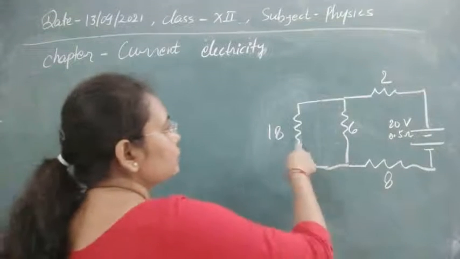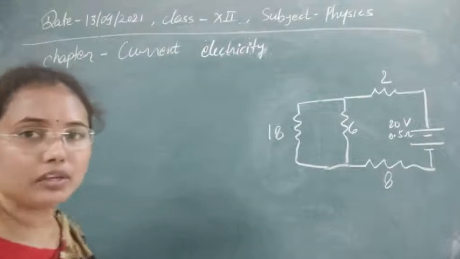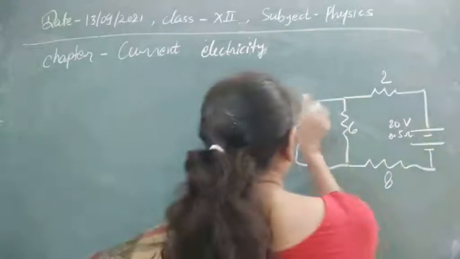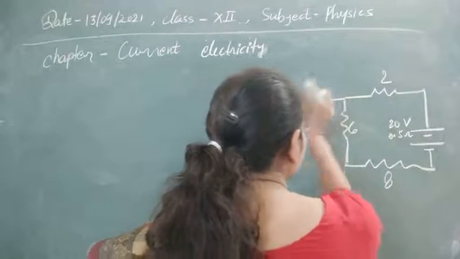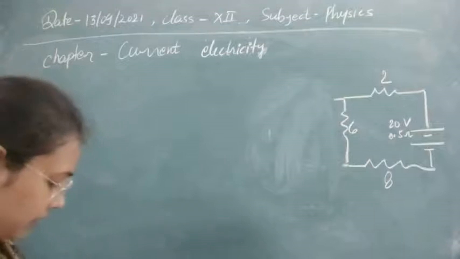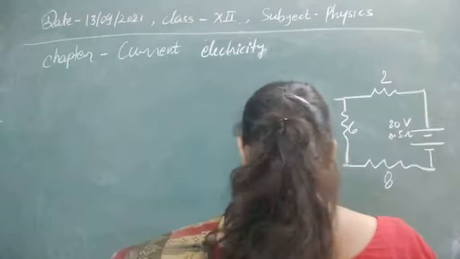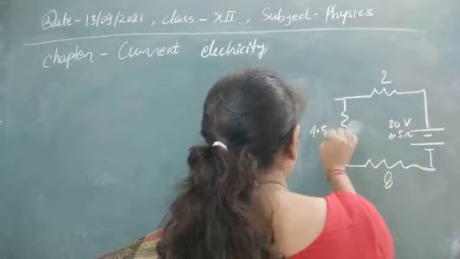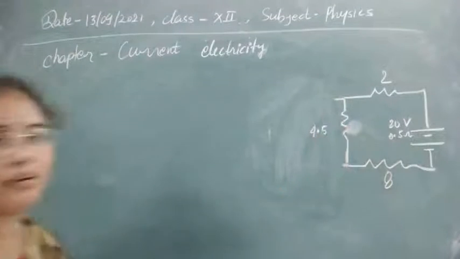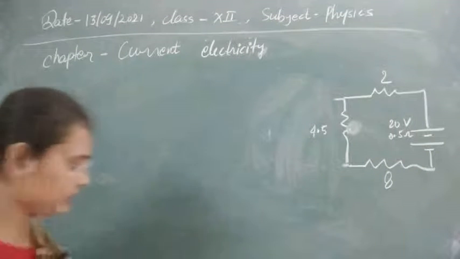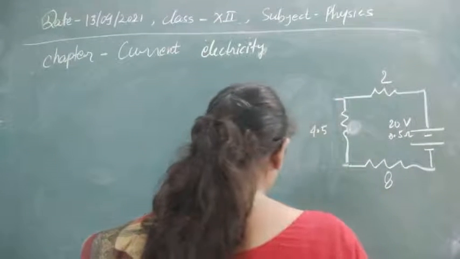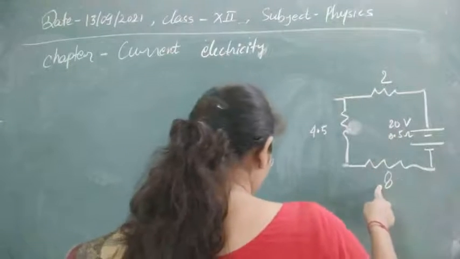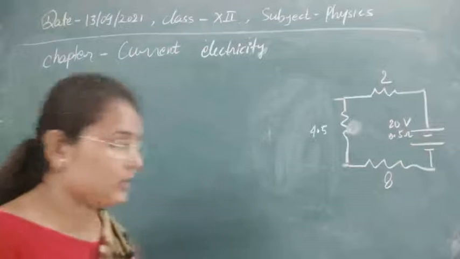Now next, if you see these two resistors and these two are connected in parallel. If we solve them by the parallel rule, then their values can be replaced by one resistor only. So this circuit can now be replaced by this one, and if you find the value, it is obtained as 4.5 ohm. So this is now our circuit, and in this circuit all these resistors are connected in series.